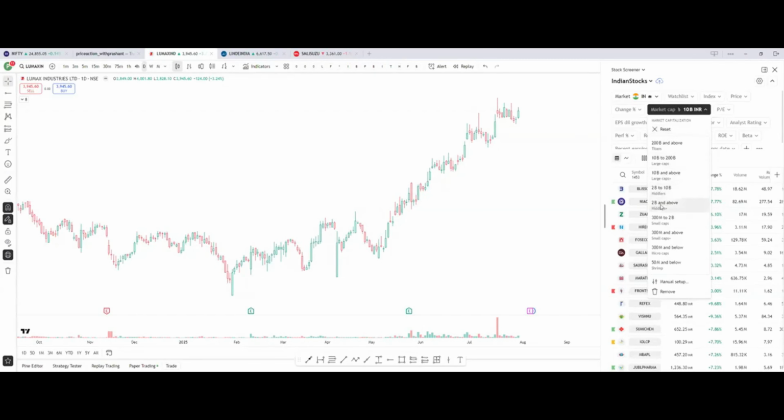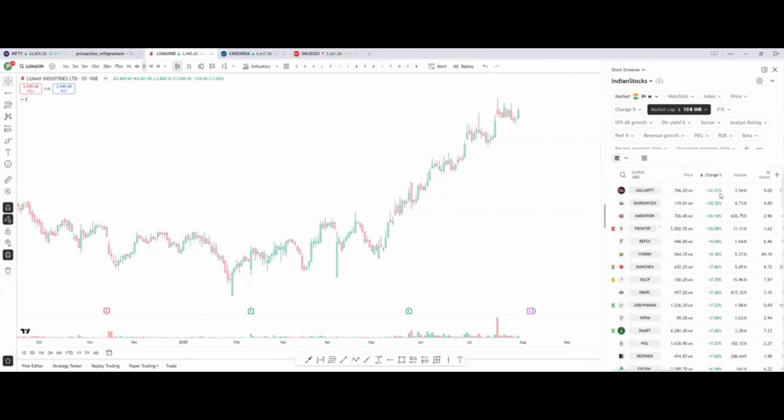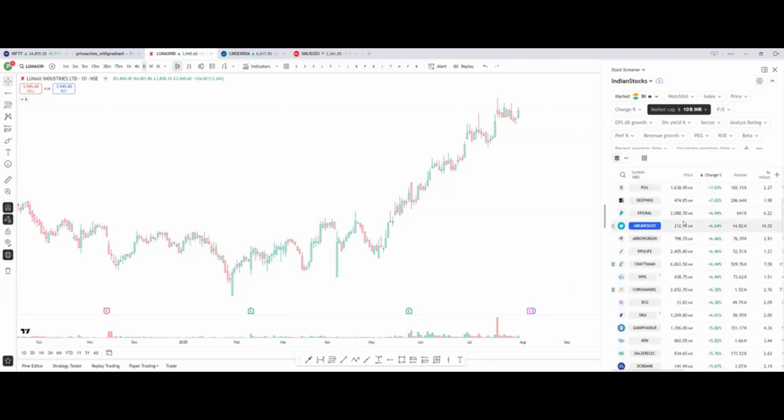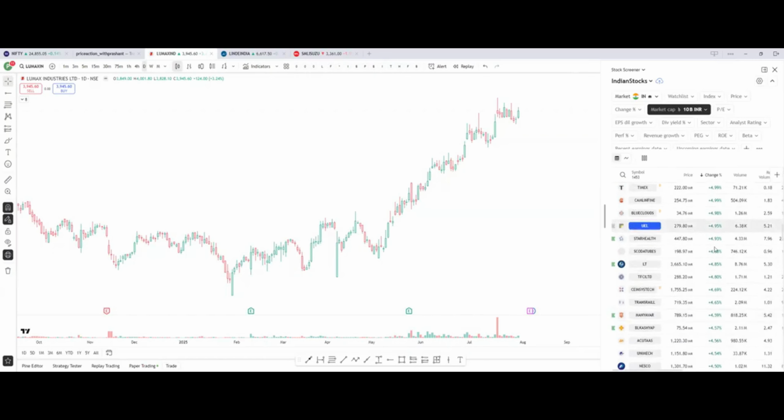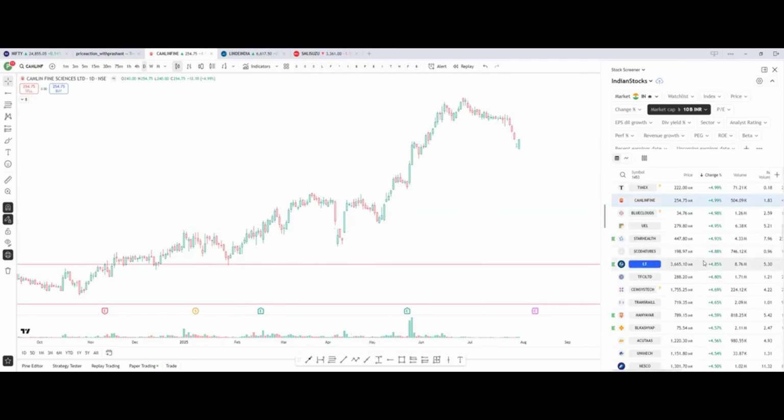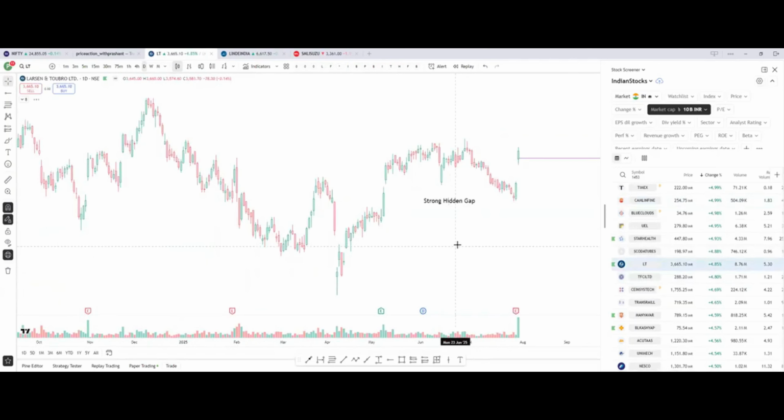You can use 2 billion and above if you want, that is also fine. But I use 10 billion and above. This way I get a lot of stocks here. And when we click on any stock name, the chart opens automatically. Yes, sir. Thank you.